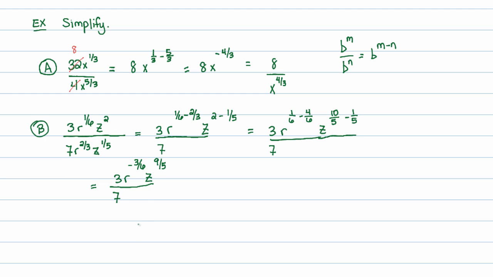Now, I know that that fraction 3/6 will reduce to 1/2, and also I can rip the negative off of that exponent. So let's do that. Let's write this as 3 over 7. That r I'm going to pop downstairs and rewrite its exponent as positive 1/2, because that's what 3/6 is. The z, on the other hand, will stay upstairs because it's positive already, so we'll just leave that like that.